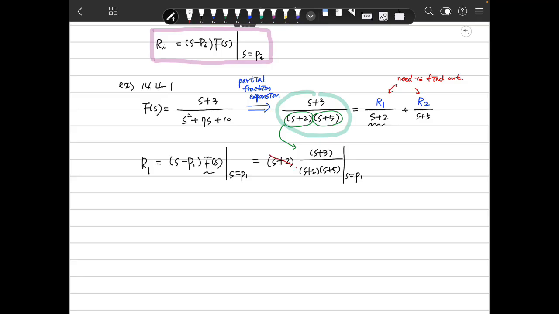Then there is a limit: the remaining factors are (s + 3) and (s + 5). With s = p1 = -2, it will be 1/3.